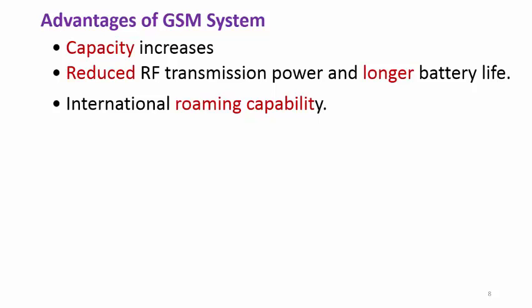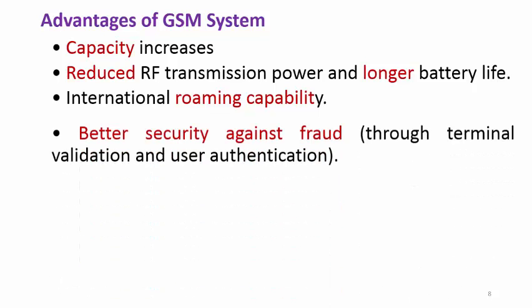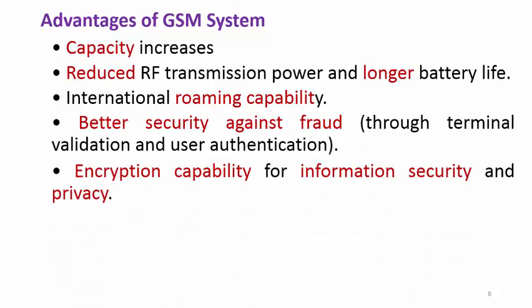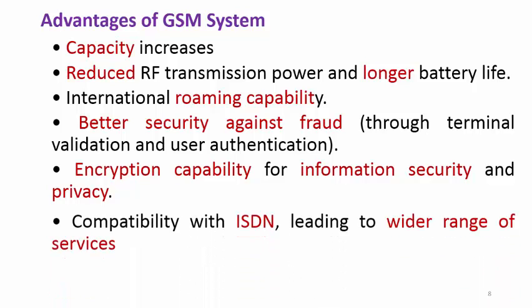So due to the low transmission power, improved battery life, international roaming capability, then better security against fraud through terminal validation and user authentication, encryption capability for user information, and compatibility with the ISDN network with a wider range of services.